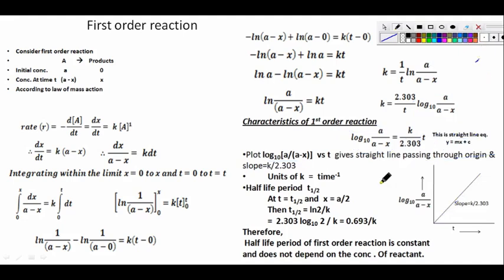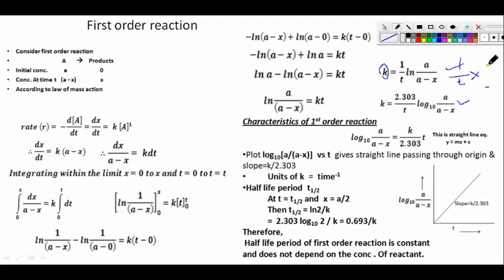As I already told you, characteristics of zero order, first order and second order reaction have three parts. First part is plot, second part is unit. Now look at this integrated rate equation: k is equal to 1 upon t ln a upon a minus x. Here t has time units, so we get 1 upon t.